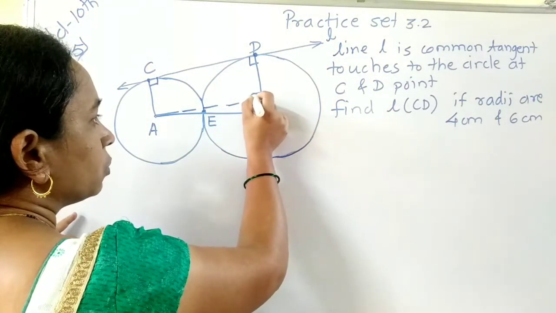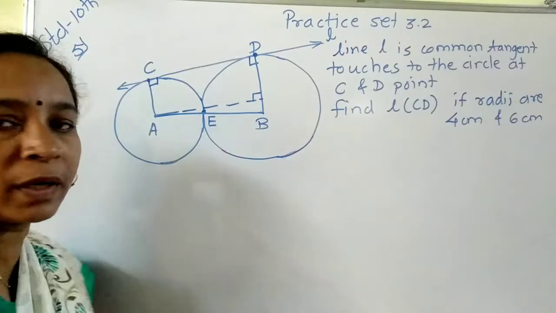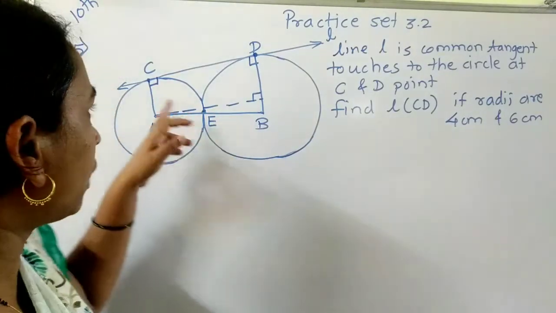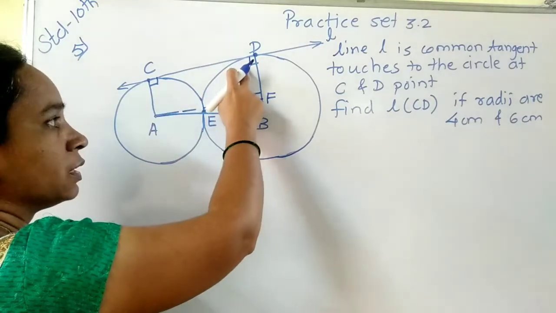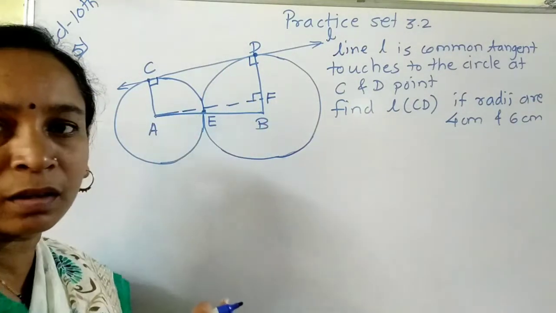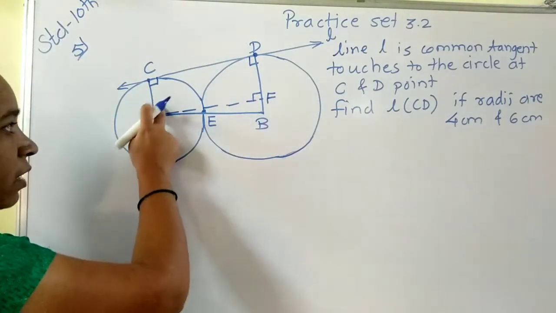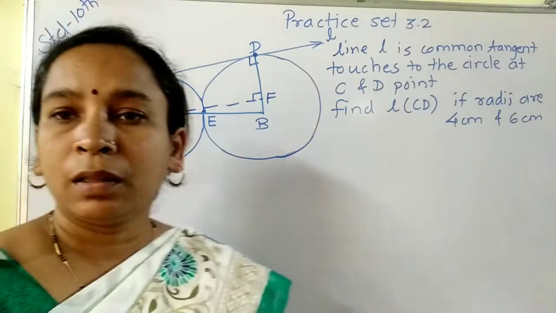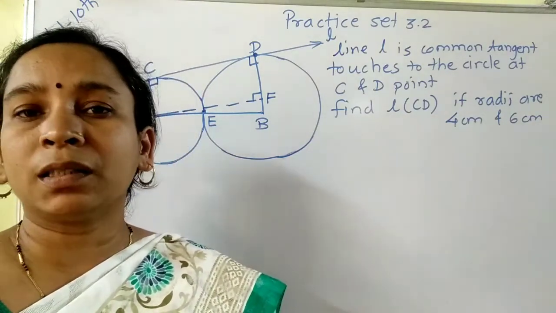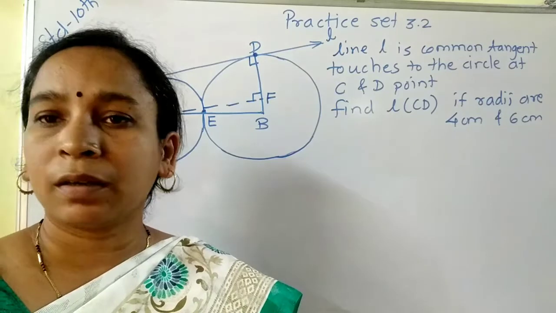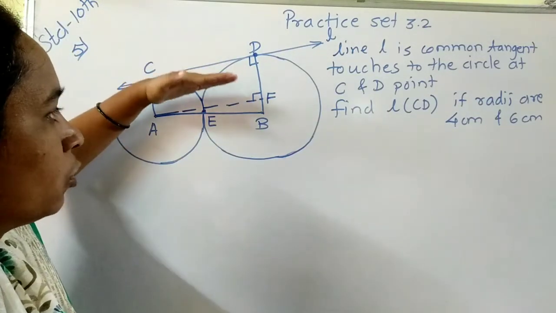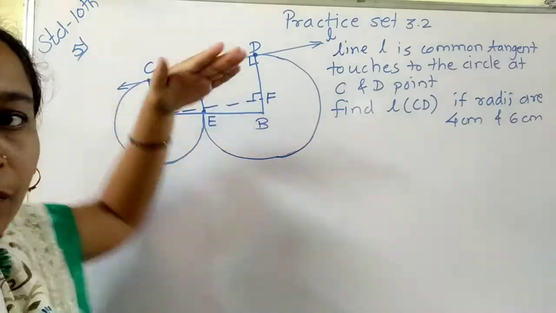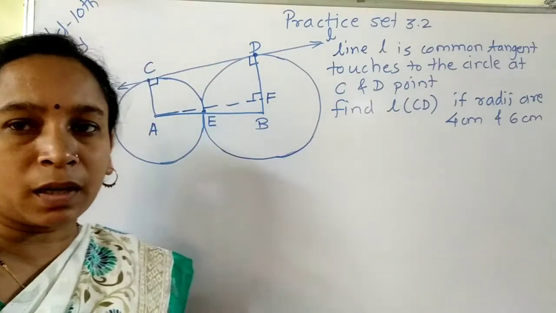If I do this construction, it will also become 90 degrees. So in this quadrilateral, C is 90 degrees, D is also 90 degrees, F is also 90 degrees. So of course the remaining angle A would also be 90 degrees. And if all angles are 90 degrees, it becomes a rectangle. So if it is a rectangle, CD would be congruent with AF, opposite sides of the rectangle.